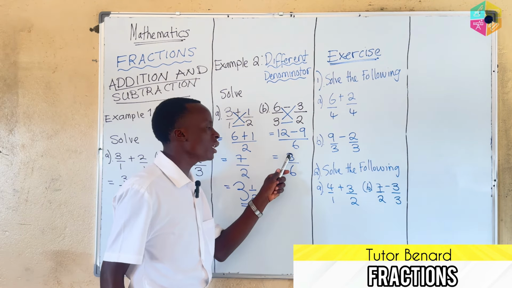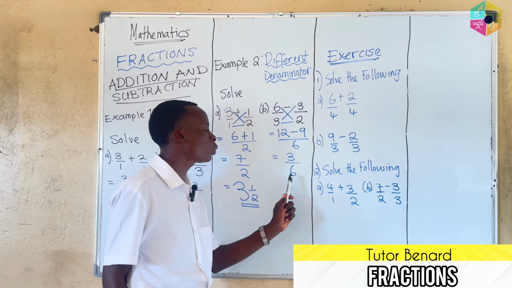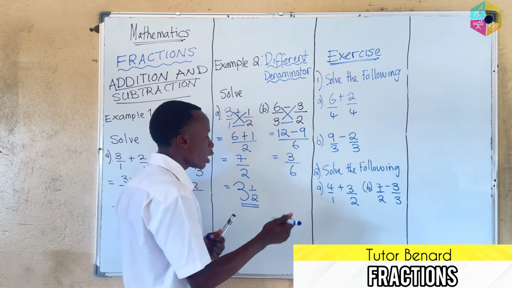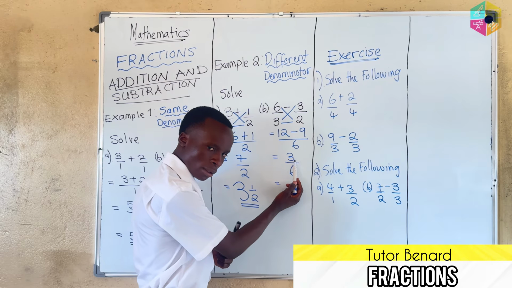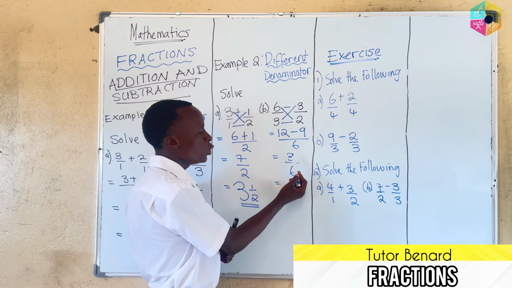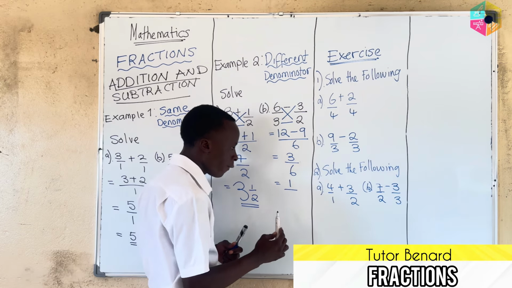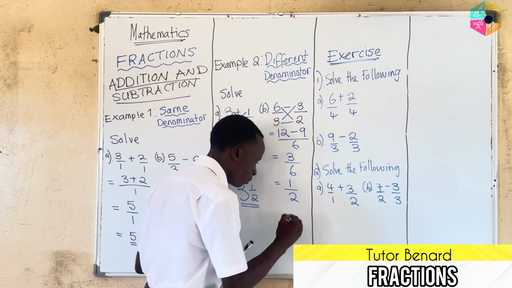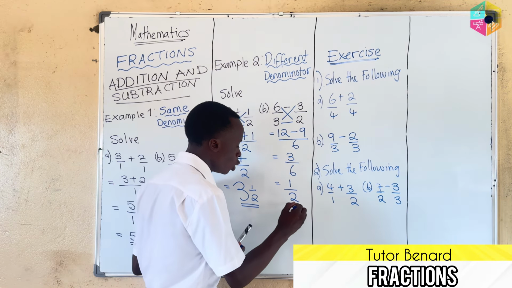This 3 can go into itself, and the same 3 can also go into 6 without leaving a remainder. Meaning you are going to divide these two numbers by the same 3. So 3 into 3 goes 1 time, over 3 into 6 goes 2 times. So our final answer here is 1 over 2.